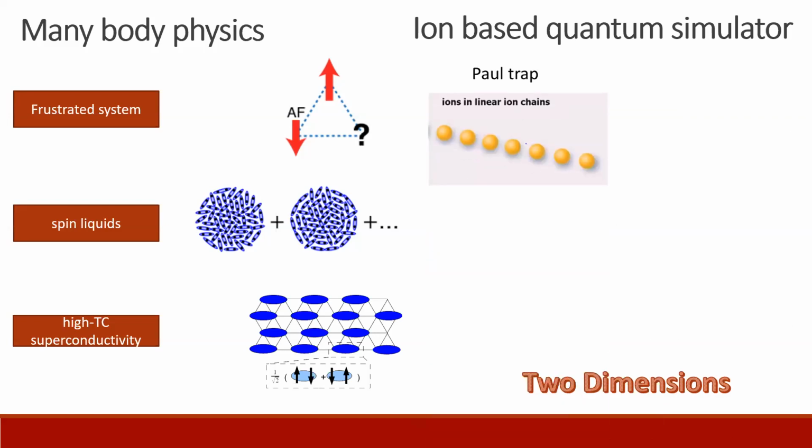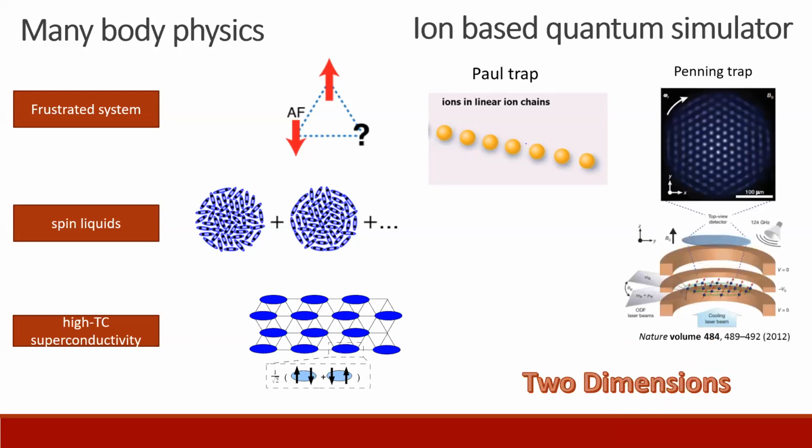The technology for trapped one-dimensional ion chains is sophisticated. We can trap from a single ion to an ion chain with up to 250 ions in a cryogenic system. However, if we add another dimension, there is still a lot of technology detail to be explored.